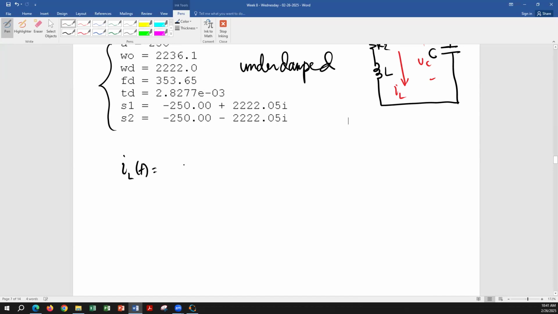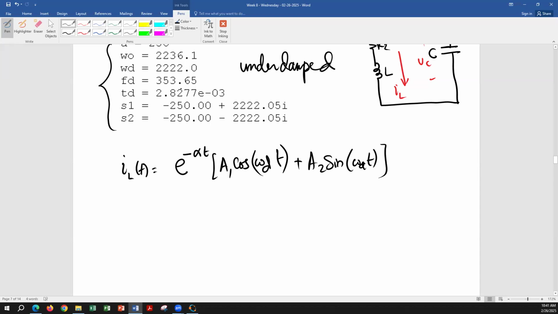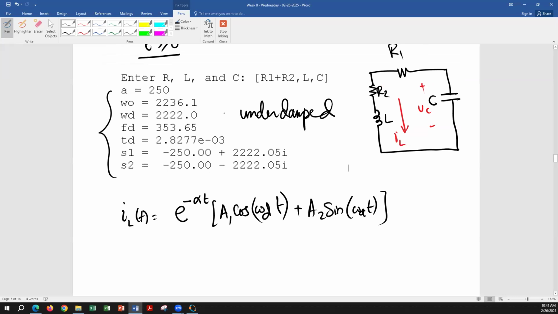IL(t) is e to the power negative alpha t, times a1 cosine omega d t plus a2 sine omega d t. Omega d, of course, is right here, 2222 radian per second.